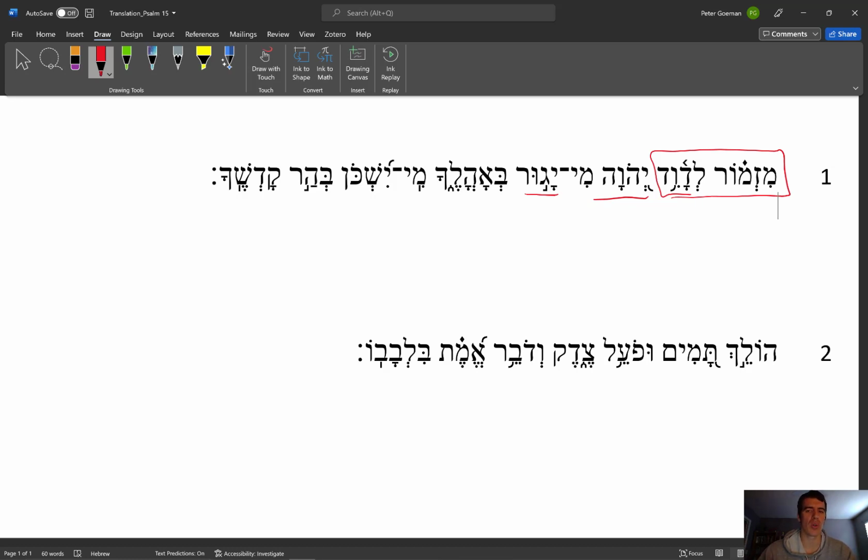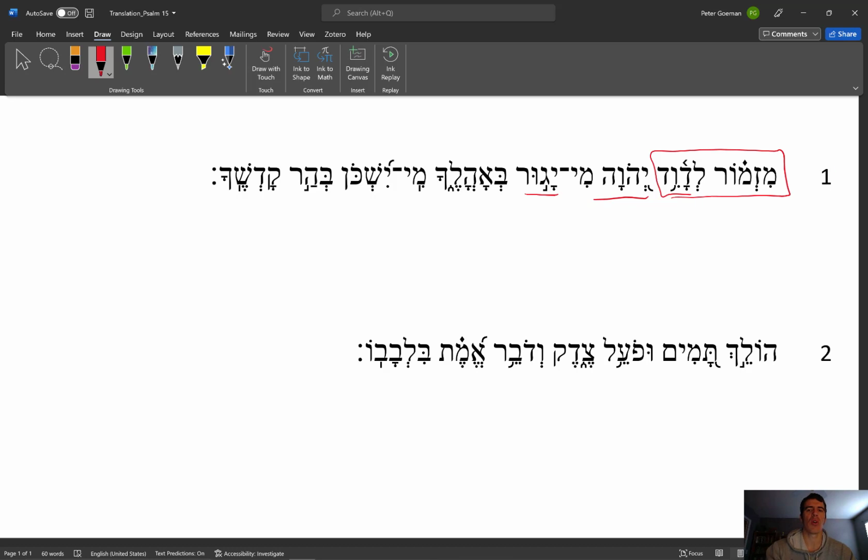So yagur should show you, because of the prefix, that it's the imperfect 3ms form of the Qal for sojourn. So who, and then we nuance it based on the context. You could say who will sojourn, or who can sojourn would be even more appropriate here. So who can sojourn?